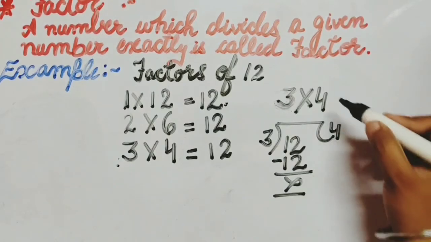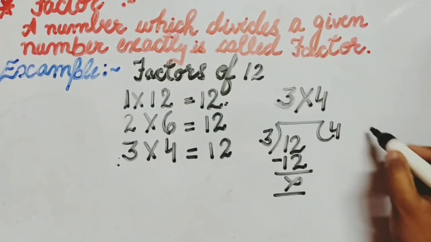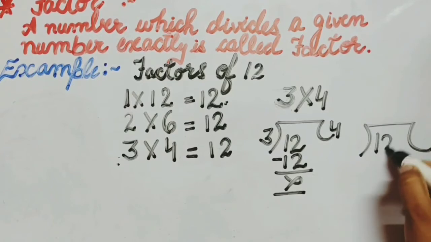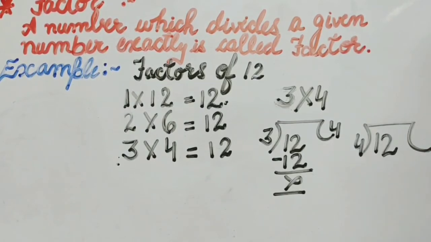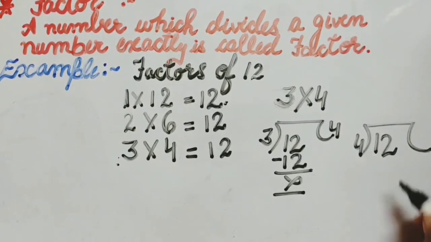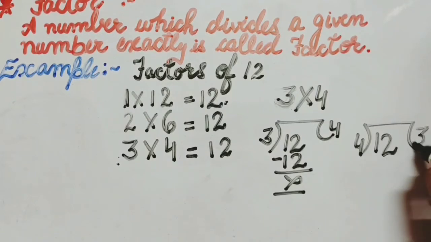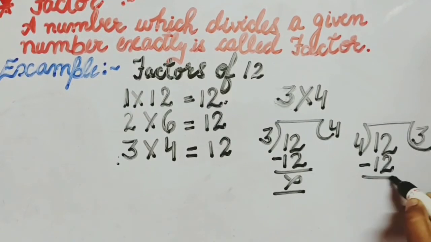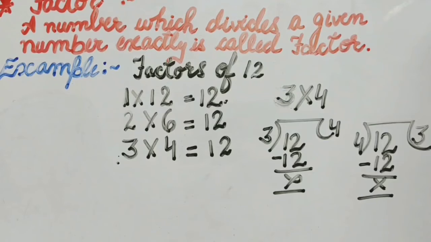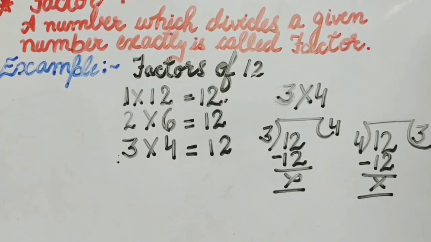Now let's divide the product by the second factor. So we can say that, students, 12 is exactly divisible by 3 and 4.